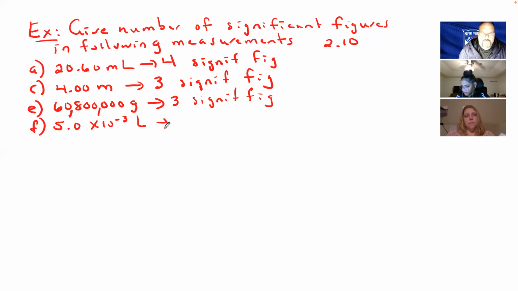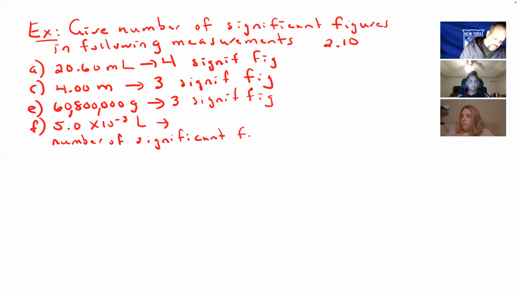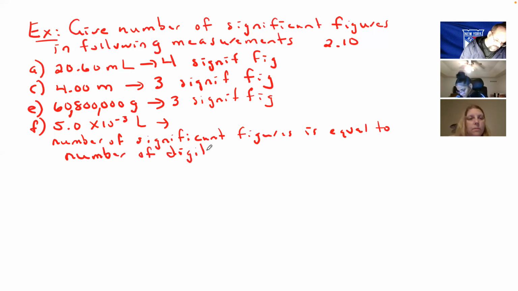All you really have to remember is that when you have a number in scientific notation, the number of significant figures is equal to the number of digits in the coefficient.